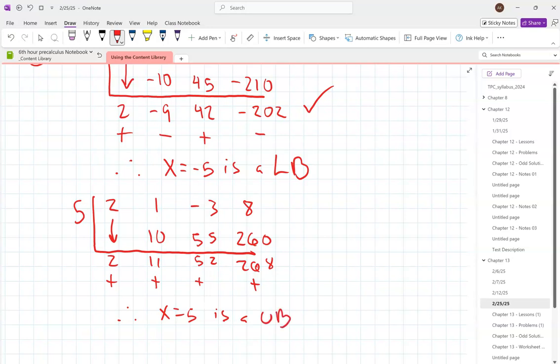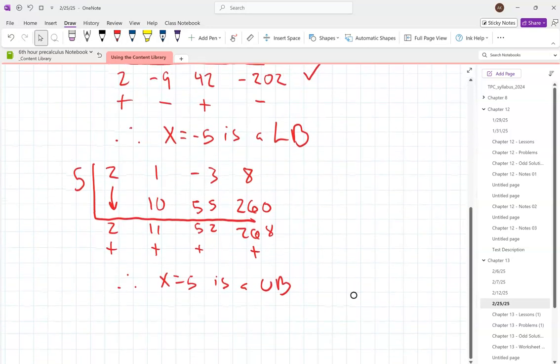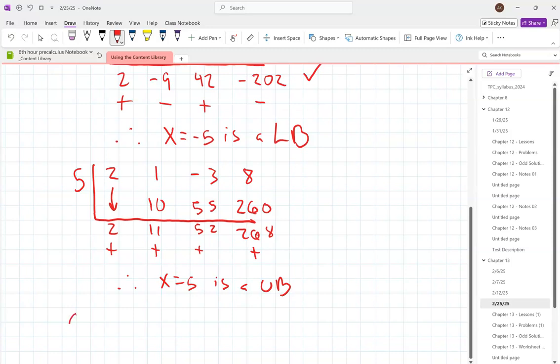So that is an upper bound. So we can say that all our solutions are between -5 and +5. Does that feel cool?